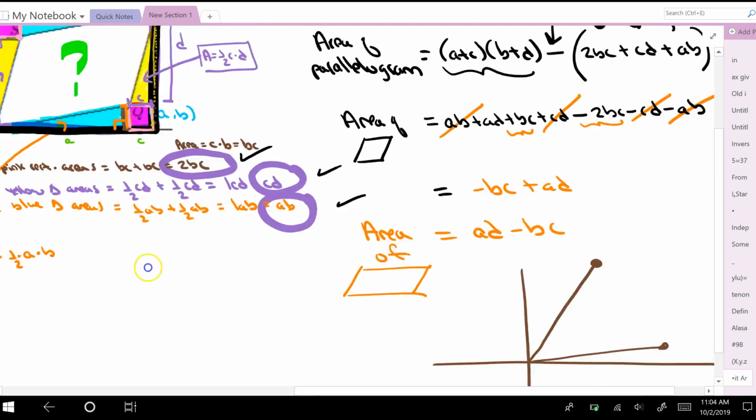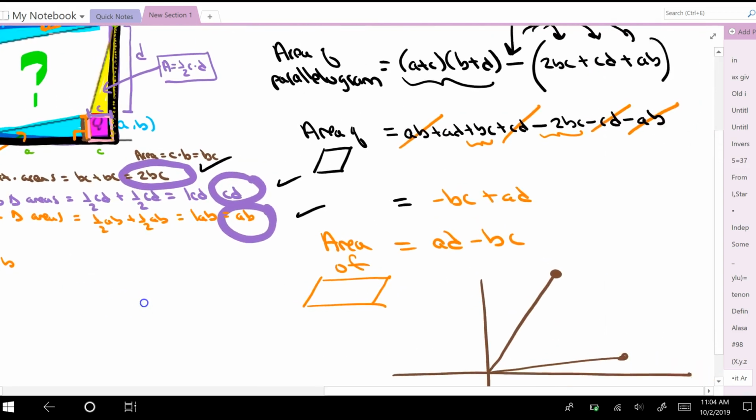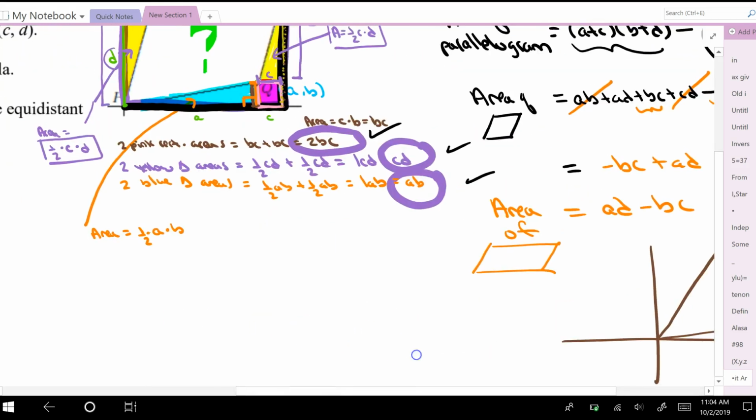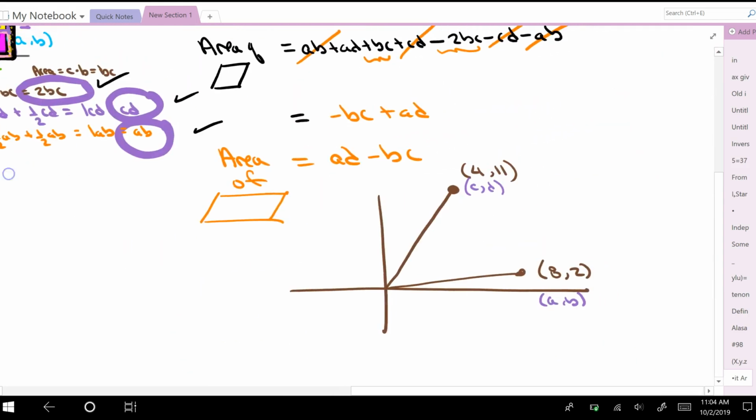So let's say I know that a parallelogram has these two segments where this point is 8, 2, and this point here is 4, 11, right? And don't forget, this is a case where this is A, B, and C, D, right? That's how it's set up.